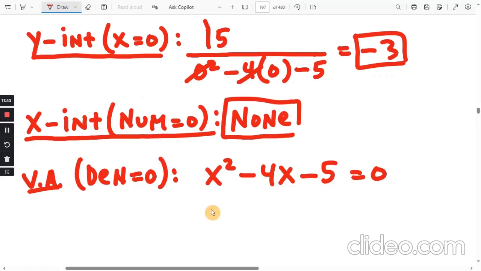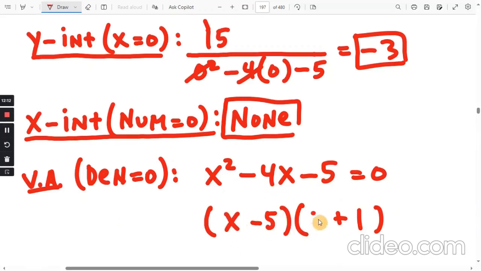Yes, indeed we do. So we can have two binomials here. And for negative 5, we can use negative 5 and positive 1. Negative 5 times 1 is negative 5. Negative 5 plus 1 is negative 4, so that works. x minus 5 and x plus 1 equals 0.